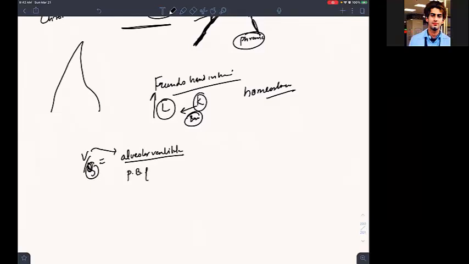What is the alveolar ventilation? 4 liters per minute. And the amount of blood? 5 liters per minute. So calculate, it's 0.8. I don't think my mathematics is good, so you should check it.